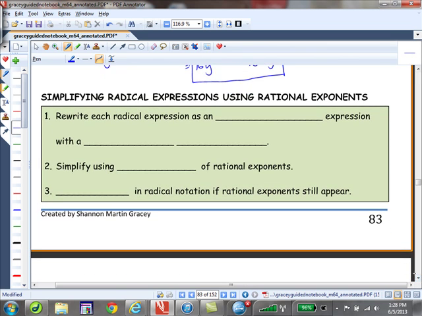Simplifying radical expressions using rational exponents. So in this case, when the author starts with the radical expression, he wants you to end with the radical expression if it doesn't completely simplify. So rewrite each radical expression as an exponential expression with a rational exponent.